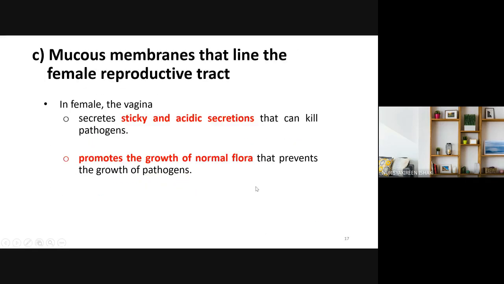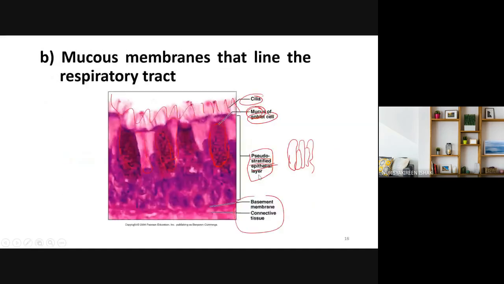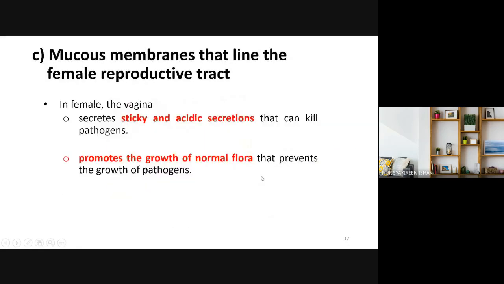Okay. So next one tadi respiratory tract. Now is the female reproductive tract. Okay, so in female, the vagina secretes sticky acidic secretions that kill pathogens. Okay, the condition of the vagina has to be acidic to kill the growth of any pathogen.